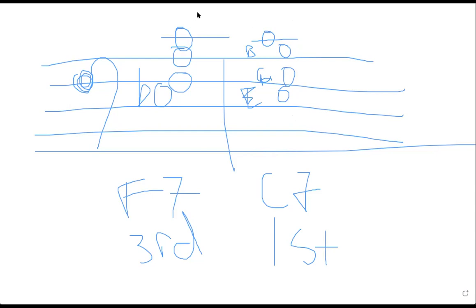Wait a minute. Danielle Frankel is having a little brain fart here. So it's actually the C is over here. I got my brain stuck on treble clef, so it's going to be right there because this is E, G, and then C. And this is the C7 chord.